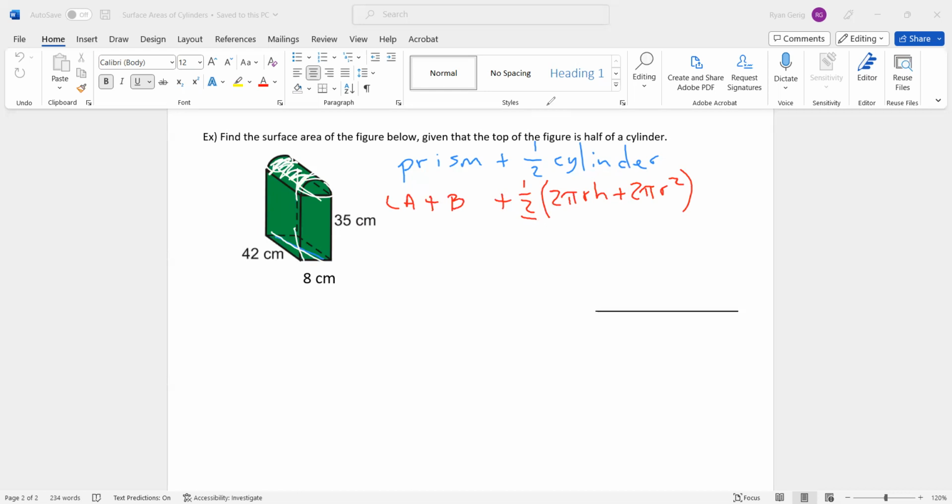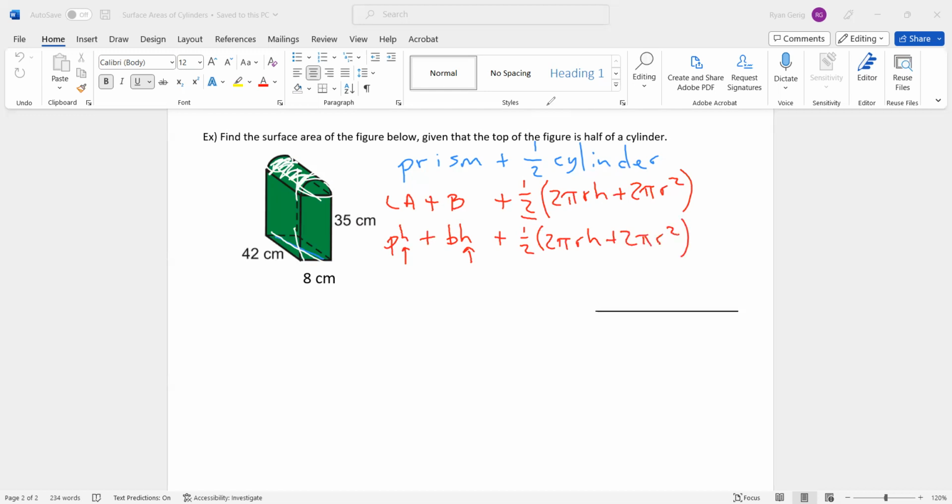So let's do it. The lateral area of a prism is P times H. The area of the base is base times height. Now, these H's are not the same. Careful there. Plus 1/2 of 2 pi r h plus 2 pi r squared.